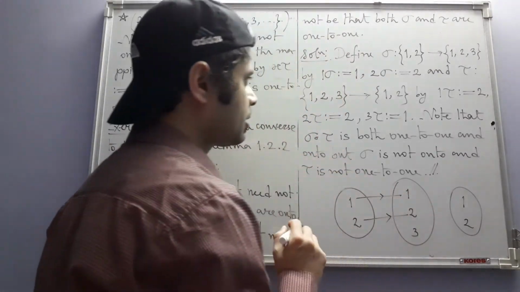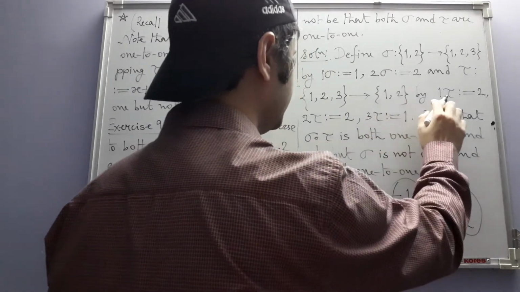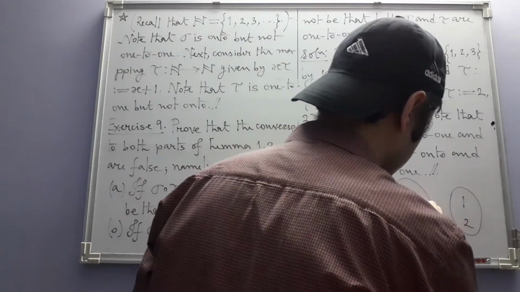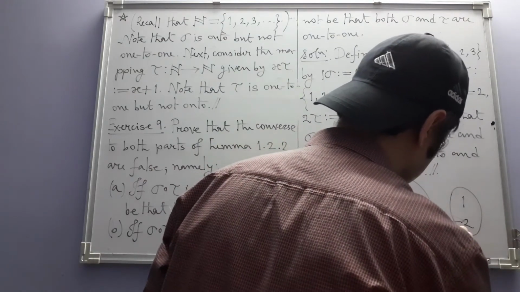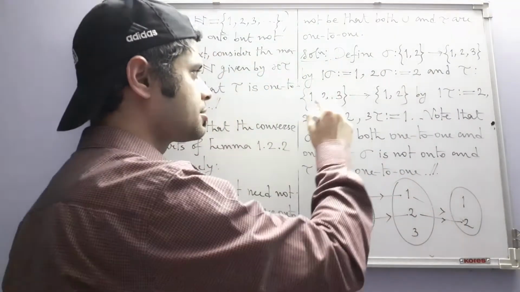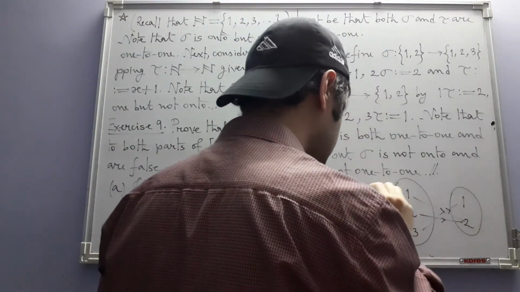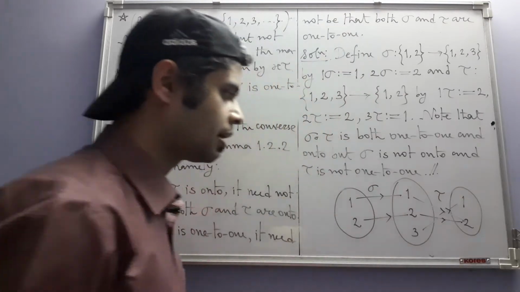Okay, and for tau, what do we have? Tau maps both 1 and 2 onto 2, and it maps 3 onto 1. So this is our sigma, this is our tau.